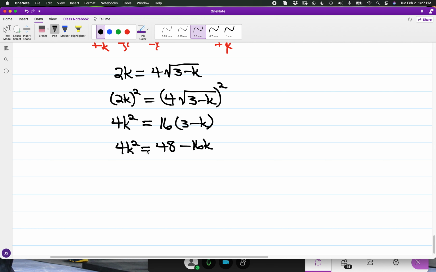So we have a quadratic equation. If we put this in standard form, I'm going to move the 16k and the 48 over.